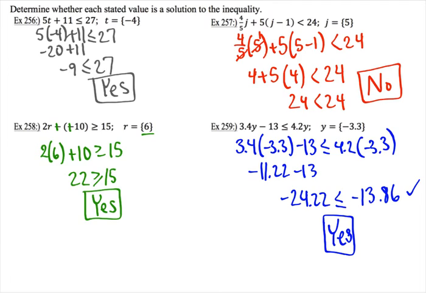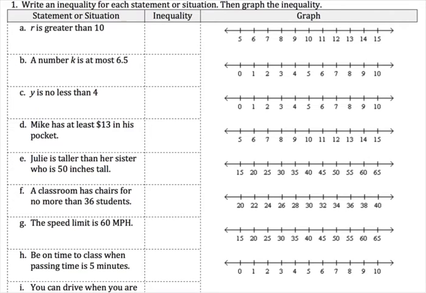Okay, next example. We're going to be working on the assignment. Let's take a look here. On number 1, you're going to write an inequality for each statement or situation, then graph the inequality. Let's take a look right here at D. Mike has at least $13 in his pocket.